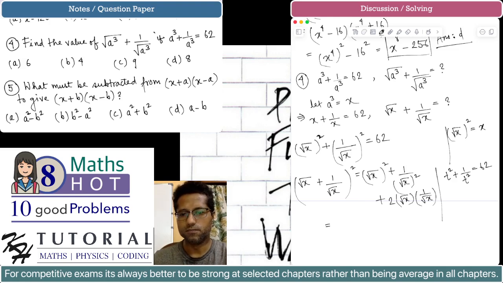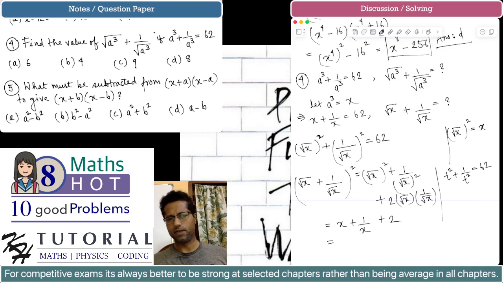This is equal to x plus 1 by x plus 2. Now we are given the value of x plus 1 by x. Even though originally in the problem it was a cube plus 1 by a cube, we have assumed a cube to be x. So now we have x plus 1 by x equals 62. So this is 62 plus 2 equals 64.